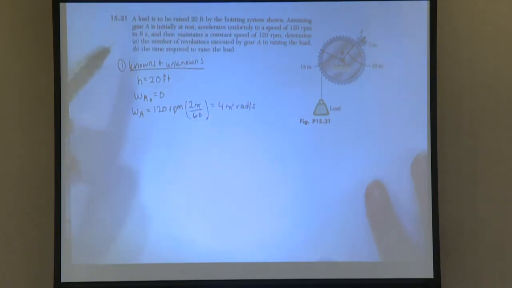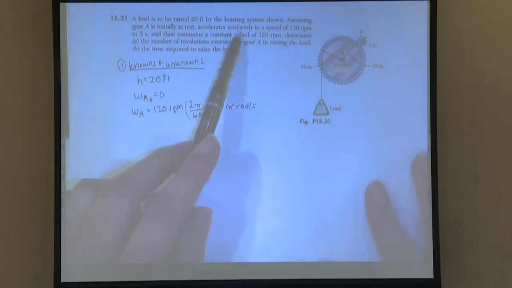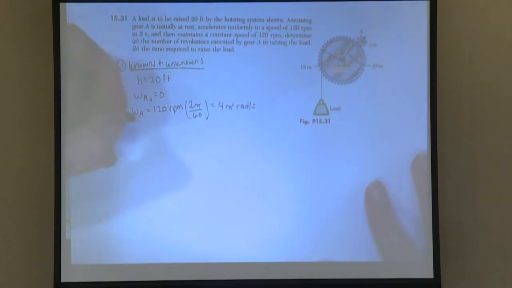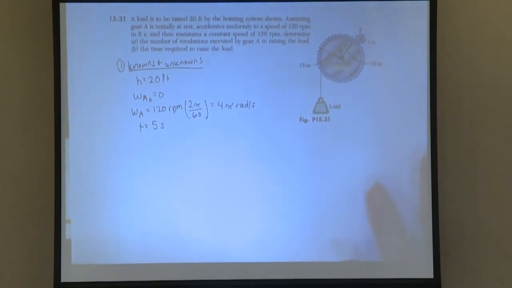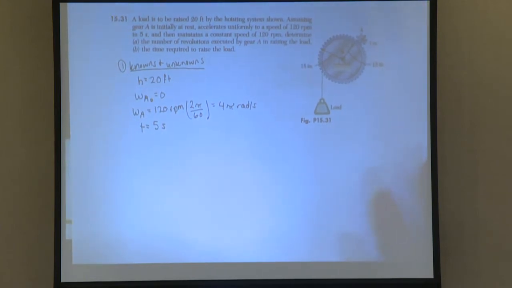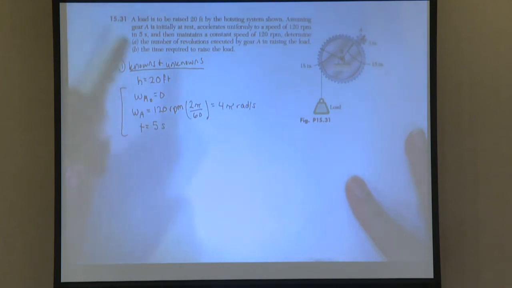We're also told that it accelerates uniformly to that speed in 5 seconds. So we know that the time is 5 seconds, just for that initial part. I like to break this problem into 2 different things that are happening. The first thing is where it's starting at rest and then it's accelerating, so we have a constant acceleration, and that component lasts 5 seconds. And then after that happens, it says it maintains a constant speed of 120 RPM.